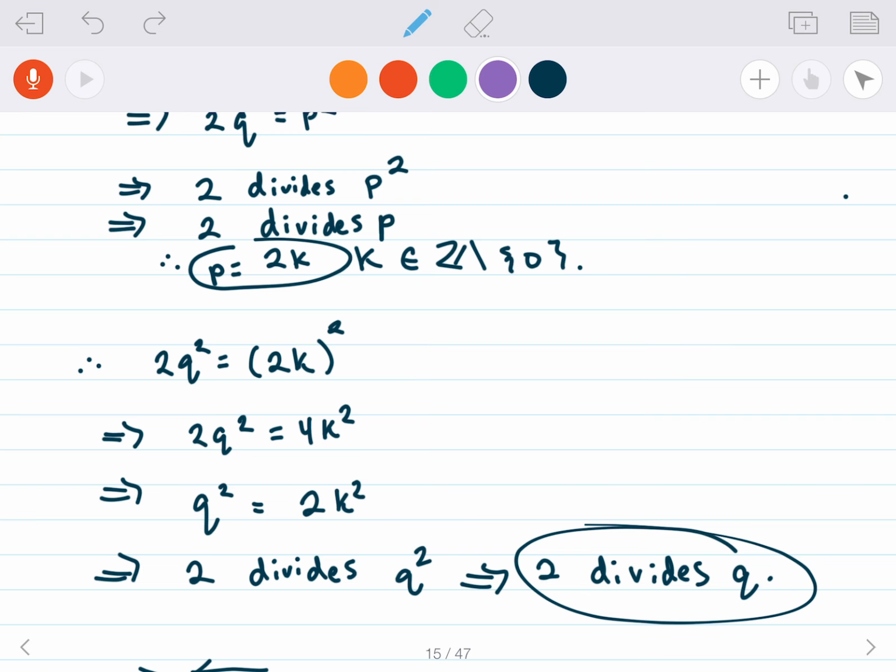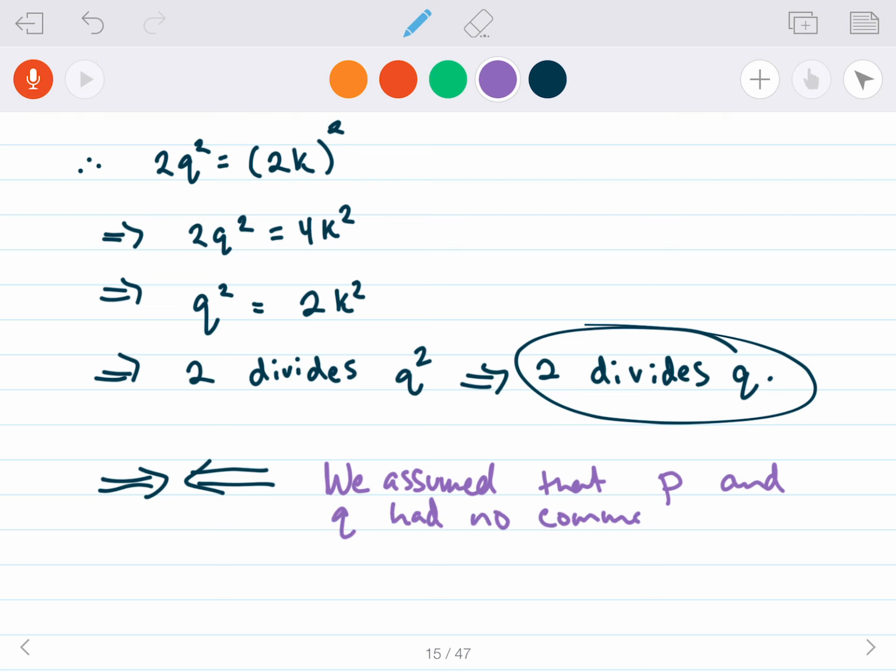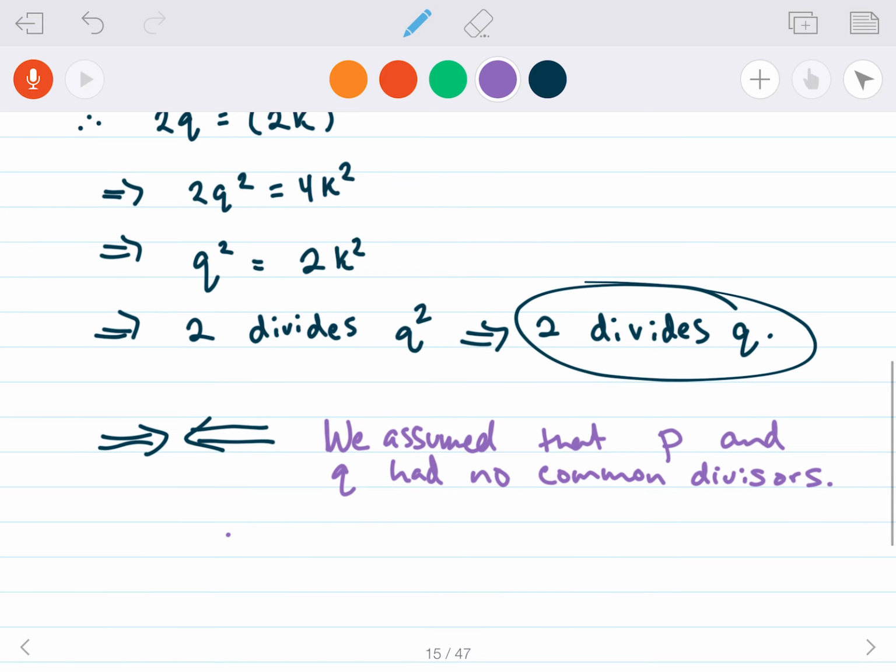So this is a contradiction because we assumed that p and q had no common divisors, right? Because they were in lowest terms. And therefore, since we have a contradiction, our original claim that root 2 was rational is false. Okay, so root 2 is irrational.